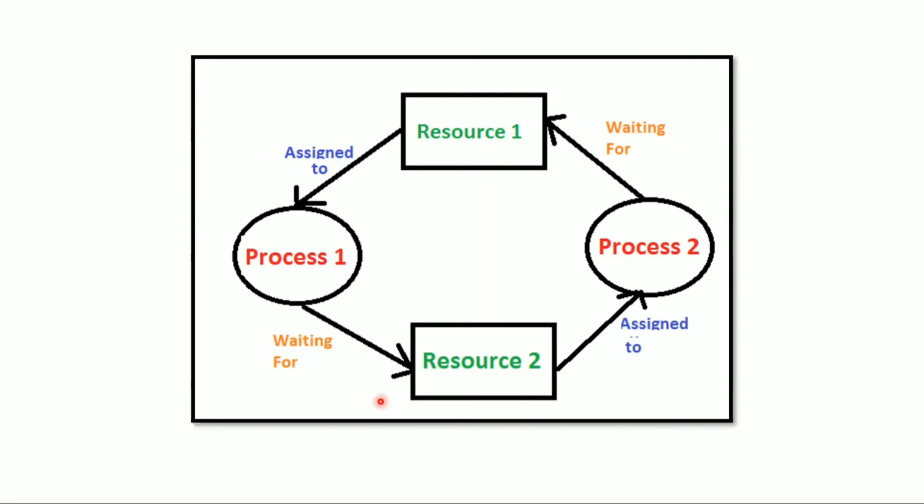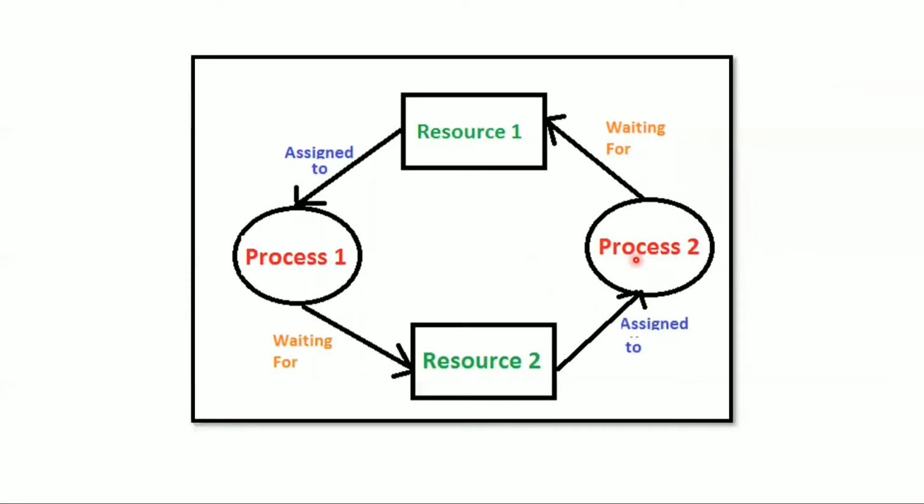If I get resource 2, I already have resource 1, then I will get completed. But this resource 2 is already allocated to process 2. And process 2 is saying, I already have resource 2. If you give me resource 1, I will get completed. So process 1 is holding resource 1 and process 2 is holding resource 2. This is a kind of deadlock that you can't move further from. No event can happen, because process 1 is waiting for process 2 to release its resource 2, and the same goes for process 2, right?